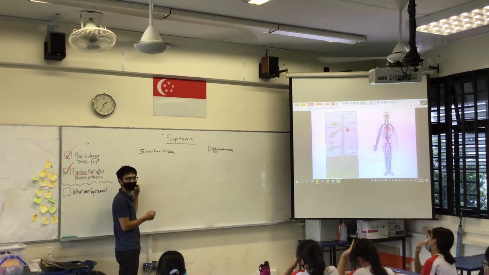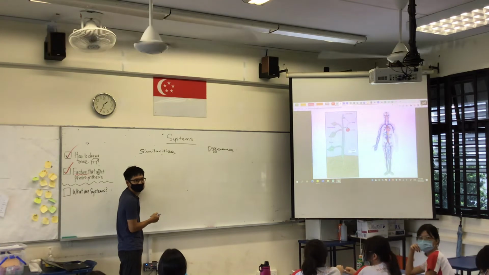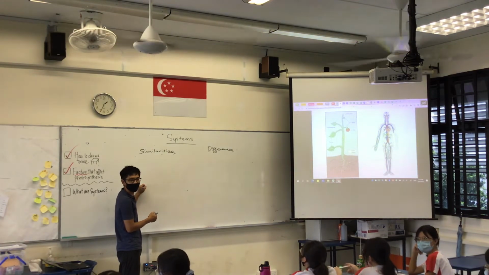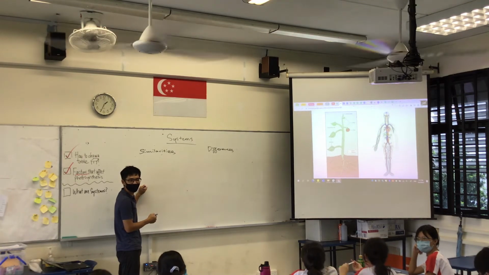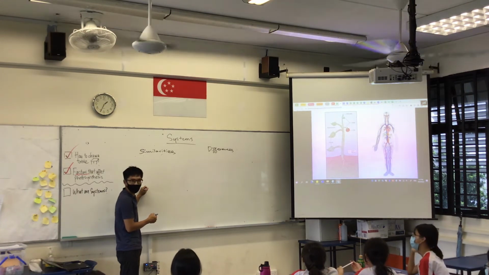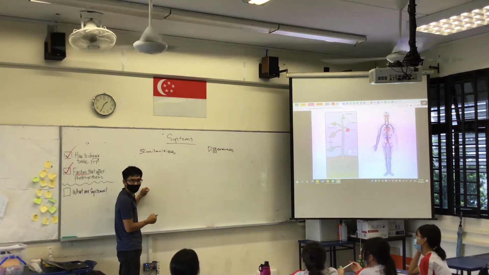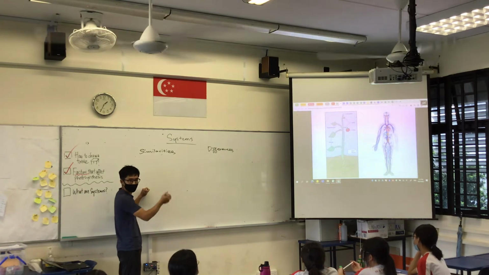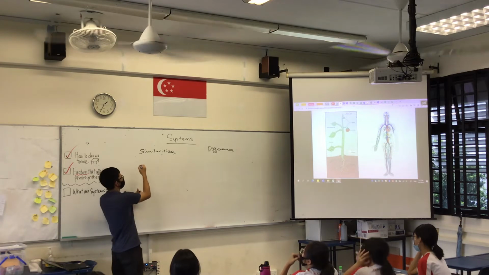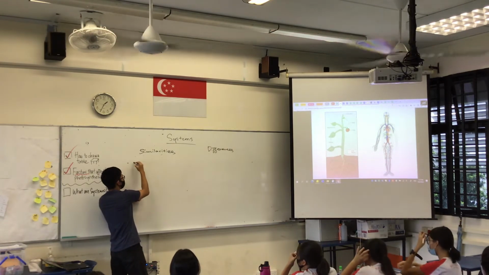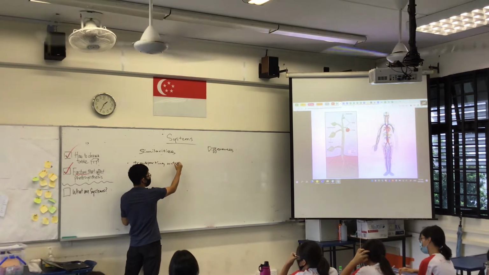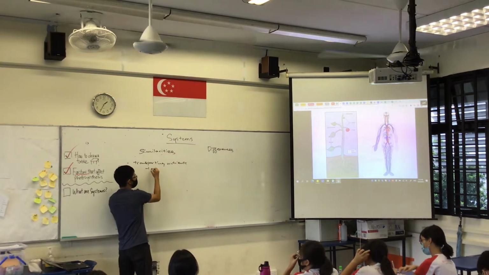Yes, you're about to say something? Yes, Santosh? The nutrients are transported to all parts of the body. Is that the similarity? Yeah, all parts of the system. Okay, so in both systems, you are transporting nutrients to all parts.